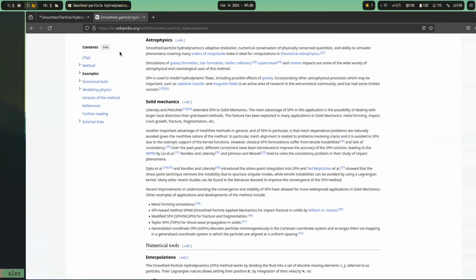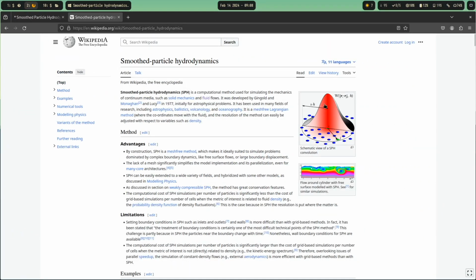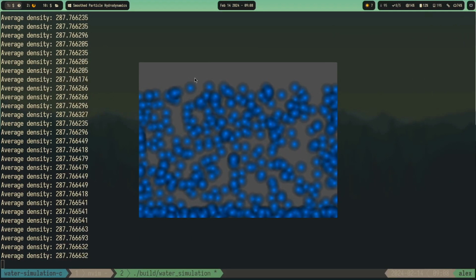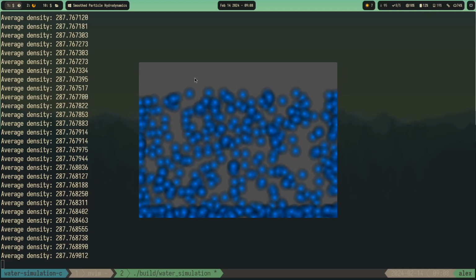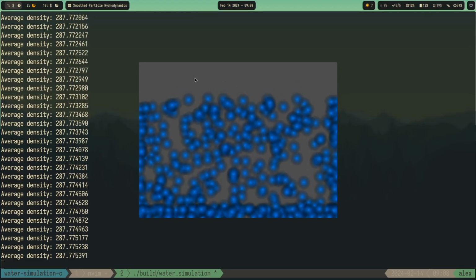Basically, I think h, looking from this picture, gives us the influence radius, let's call it.